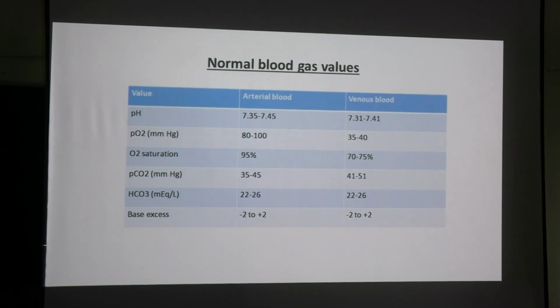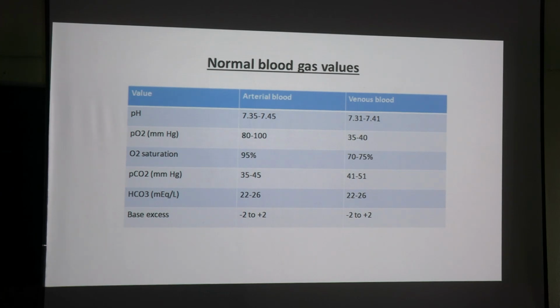So the values in venous blood gases are also important. pH in arterial blood, normal value 7.35 to 7.45, and that is in venous blood 7.31 to 7.41.